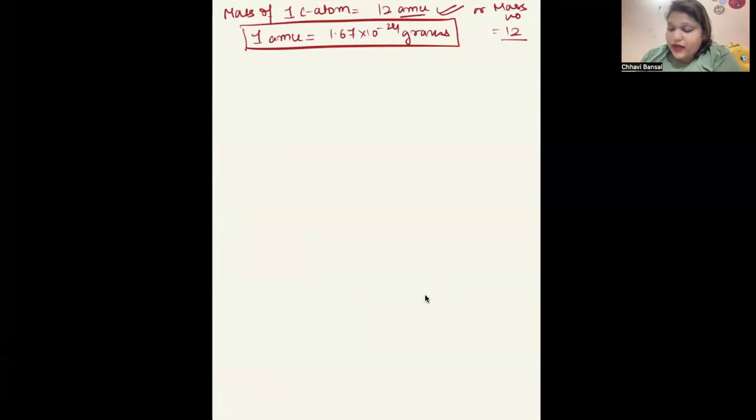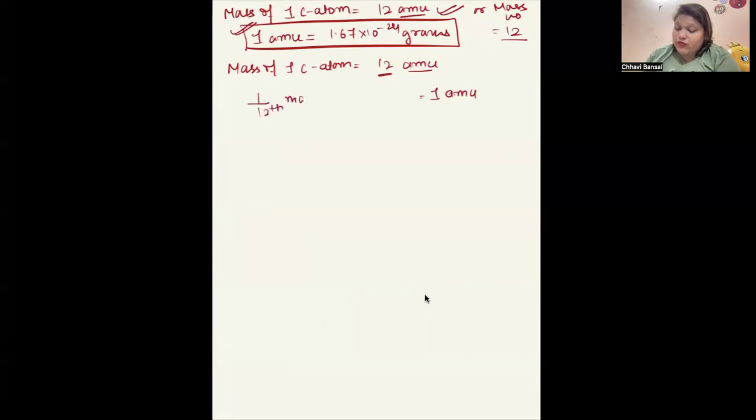Now let's define one AMU in something else. Now one AMU, we know it is 1.67 into 10 to the minus 24 grams, right? Can I write my mass of one carbon atom equals 12 AMU, right? We have already derived this. Can I substitute this value and find out the value of 1 AMU from here? Can I write this? 1 AMU is equal to 1 by 12 of the mass of one carbon atom, right?